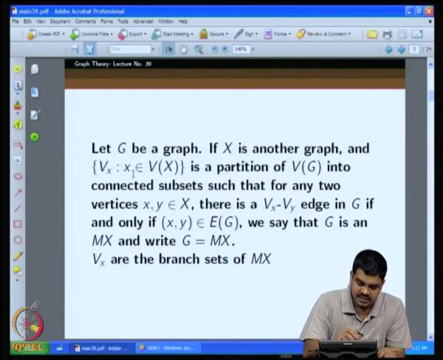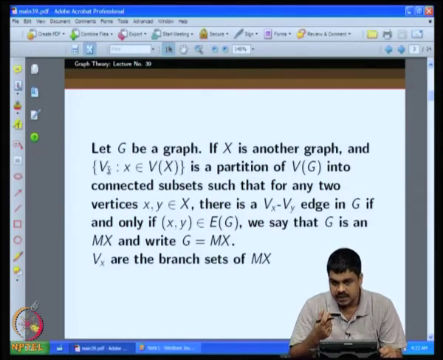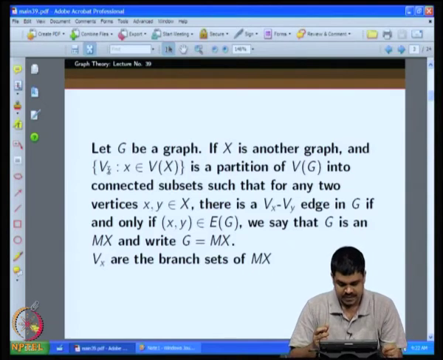For each x an element of V(X), we identify a Vx, namely some subset of the vertex set of G. And let this collection be a partition of the total vertex set of G into connected subsets. The property that we need is each Vx should induce some connected graph in G.